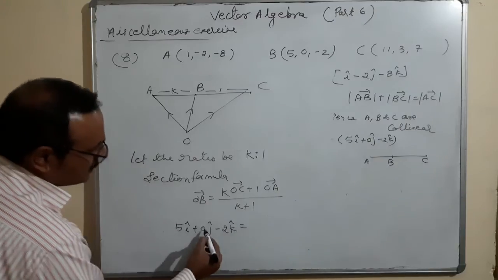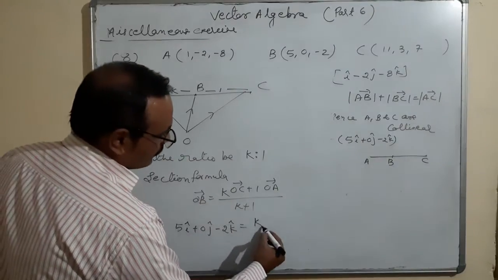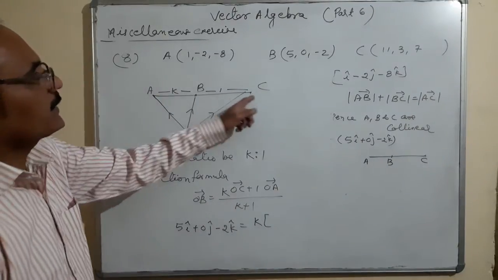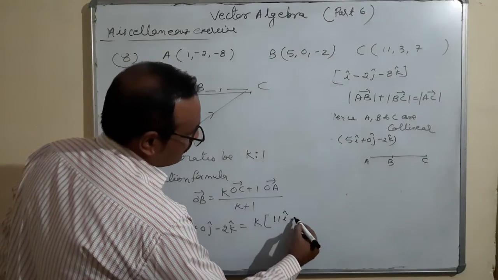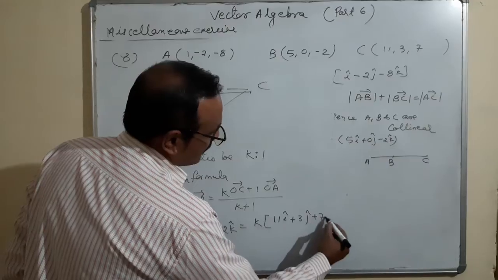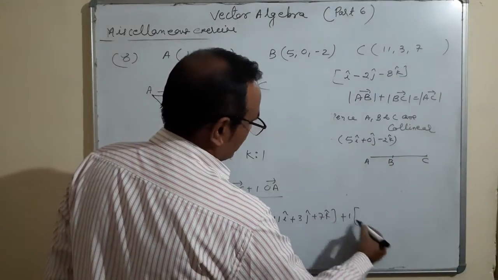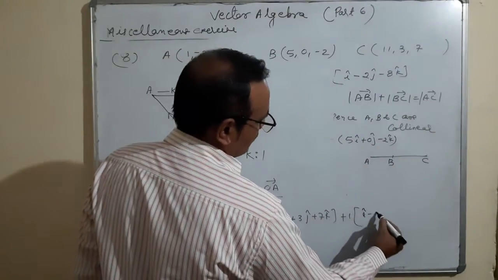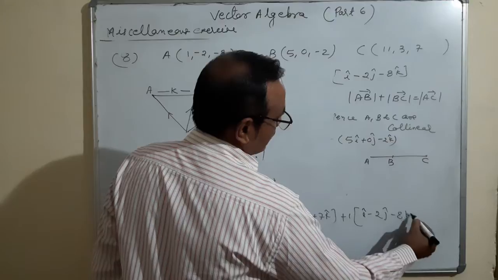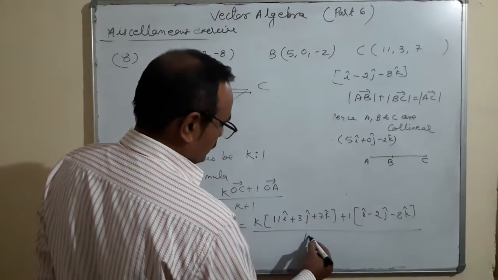I have written 0 so that it's easy. Then K multiplied by OC, the position vector of C, 11i plus 3j plus 7k, plus 1 multiplied by OA, i minus 2j minus 8k, upon K plus 1.